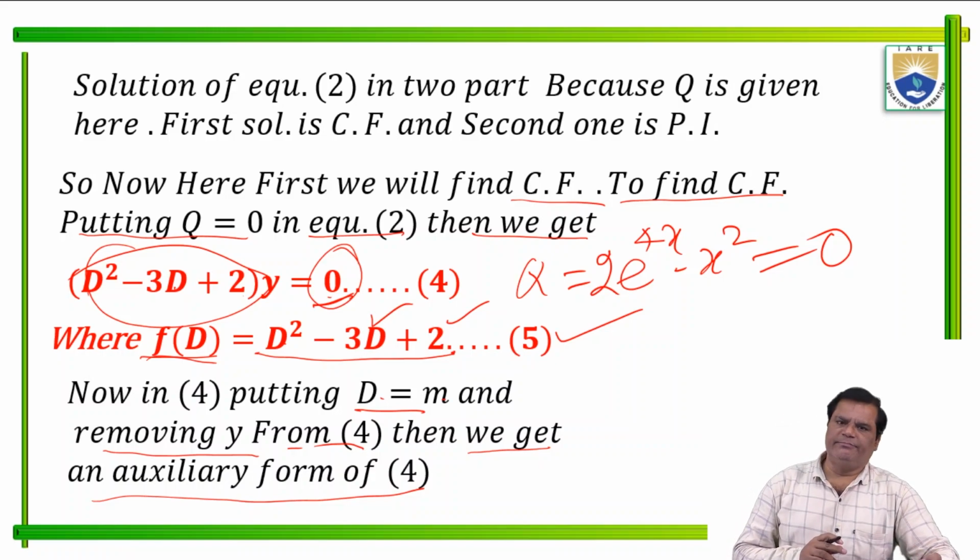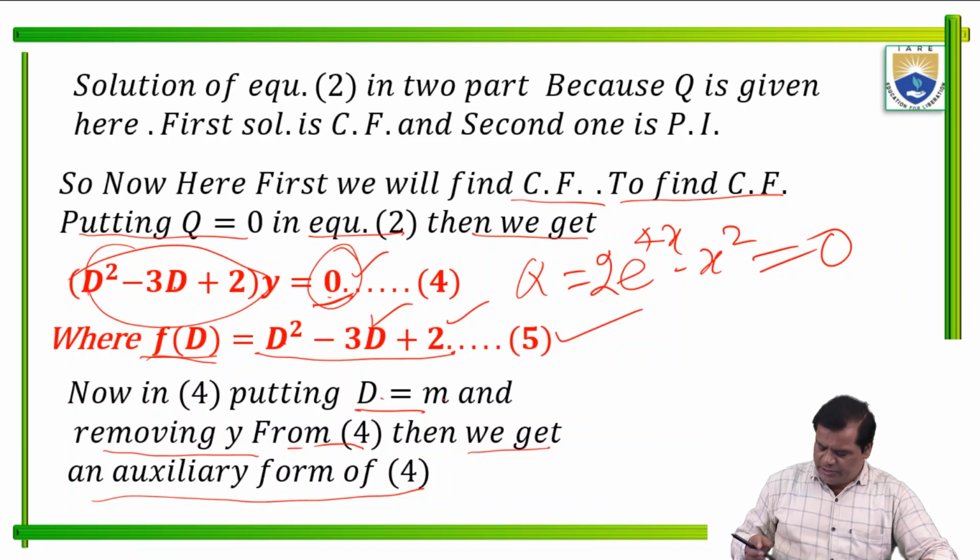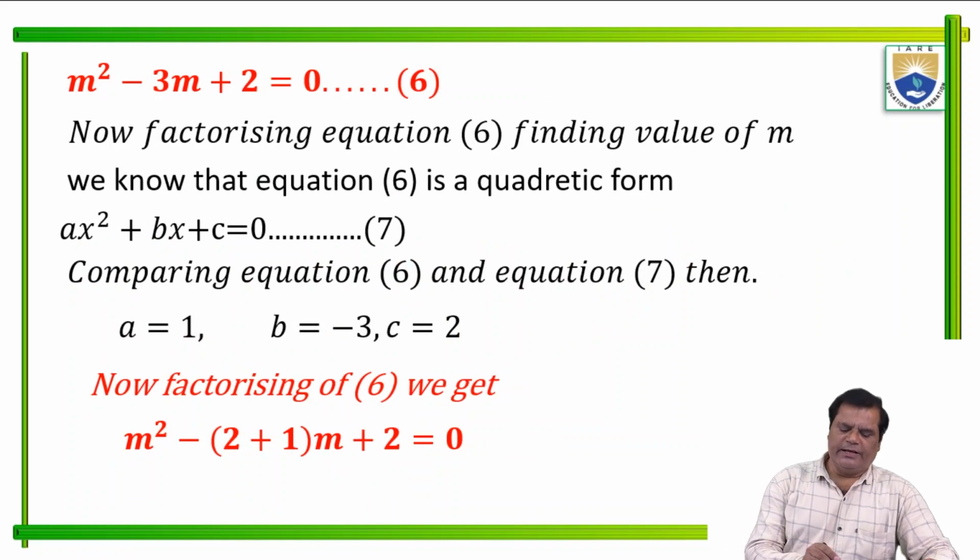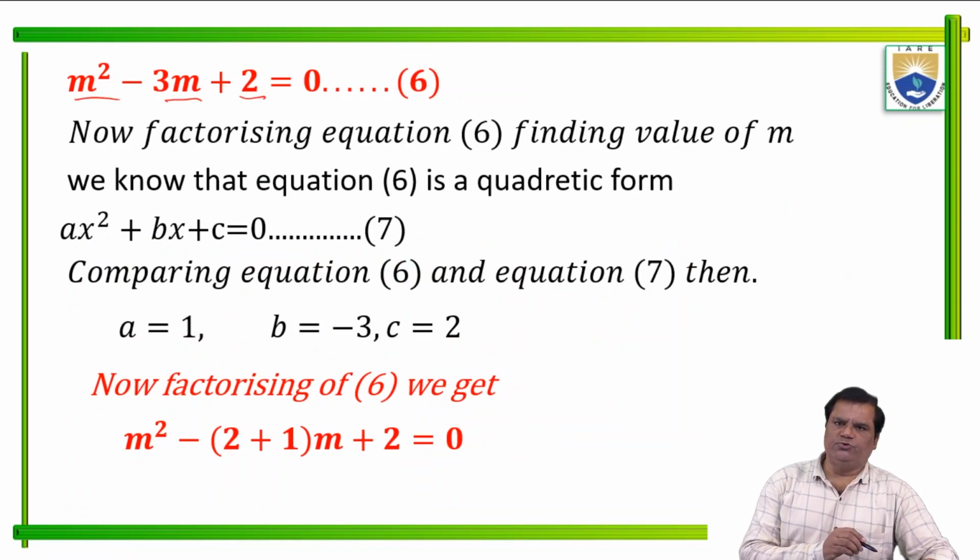Putting D equal to m, removing y, and making the right hand side 0, we get a quadratic equation known as the auxiliary form. So m² - 3m + 2 = 0, this is equation 6.